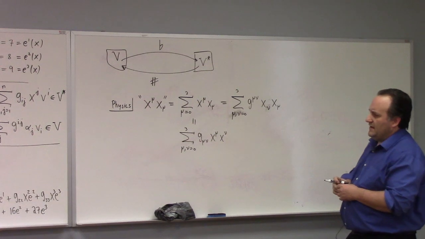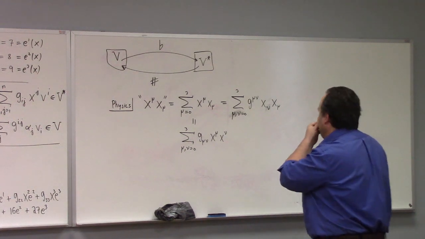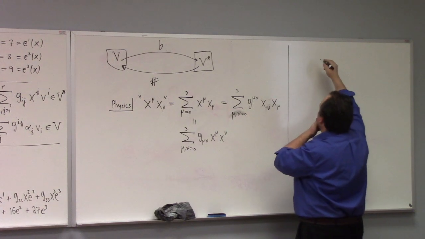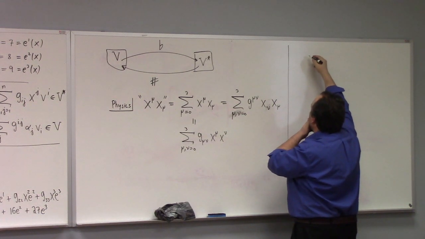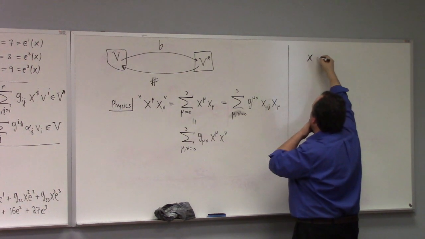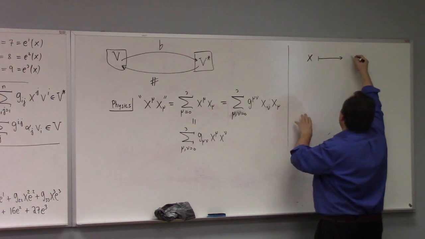But you see, once you have this, we can change tensor types. So let's see here. Basically the fundamental question is, how do you take a vector x and convert it to a corresponding dual vector?